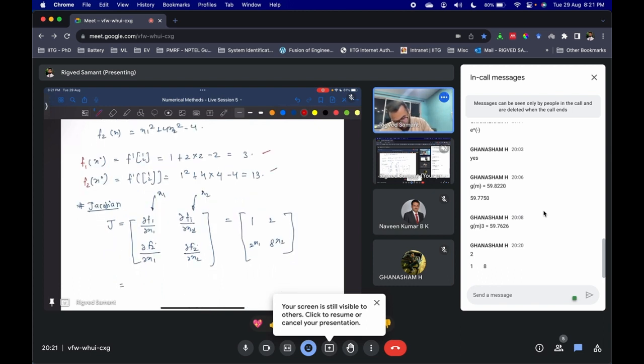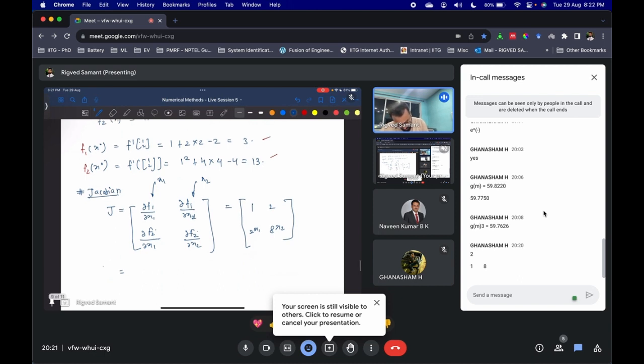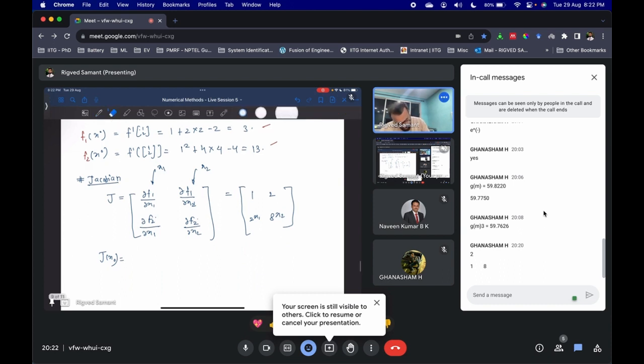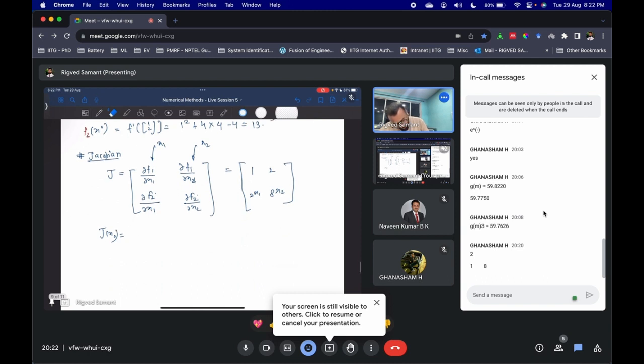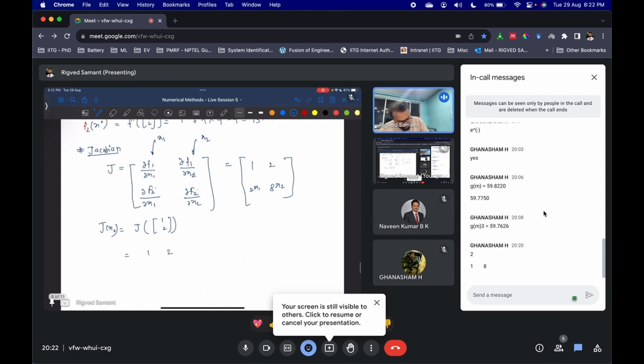Now the Jacobian also has to be found at x0. So it is a whole combined Jacobian. Here J of 1, 2: 1, 2 will be constant, 2 into 1 is 2, 8 into 2 is 16. This is your J of x0.